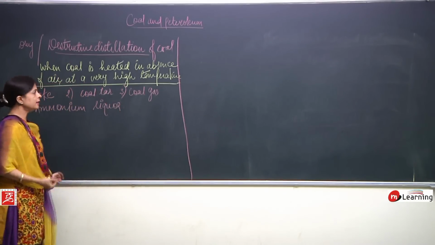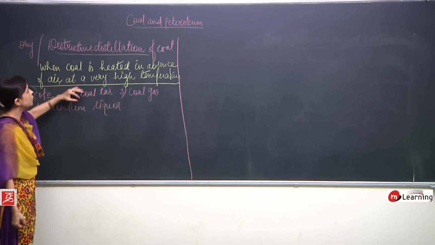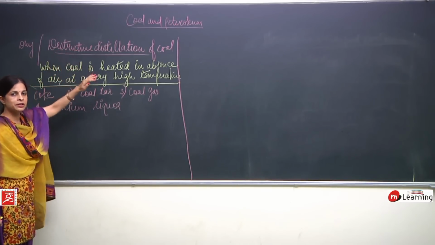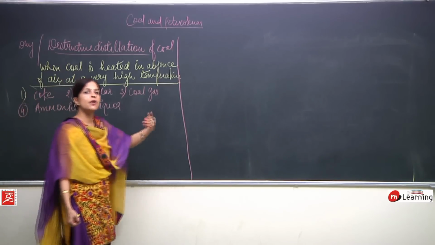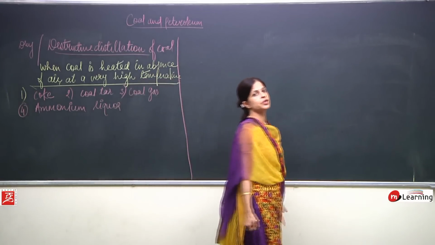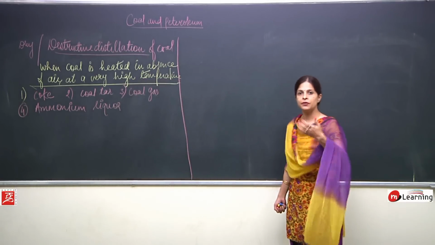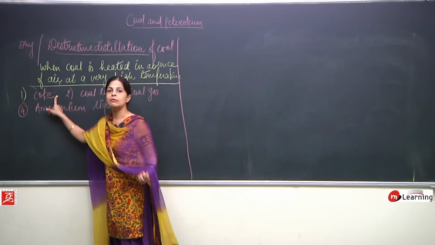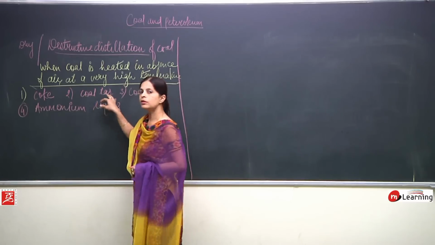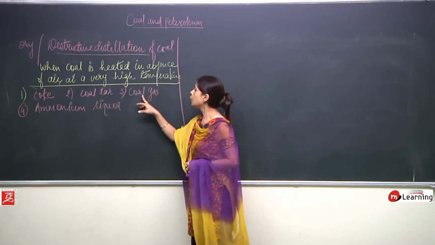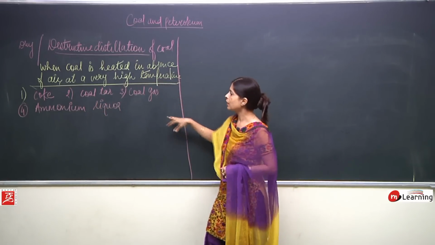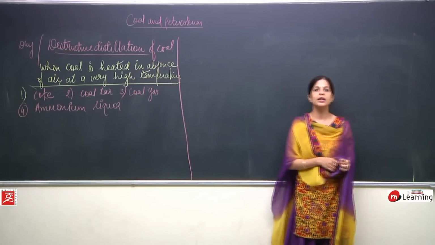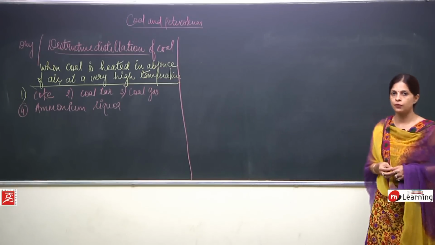See, when coal undergoes destructive distillation, there are different substances which are formed. It can be coke, coal tar, coal gas, and ammonium liquor. So these are the 4 things which can be obtained due to destructive distillation of coal.